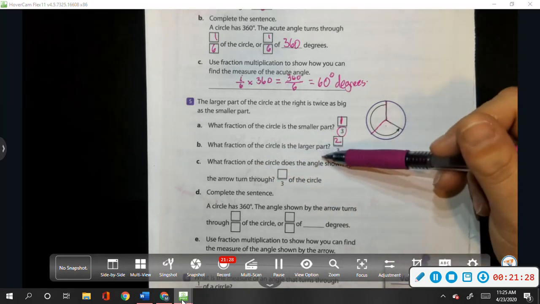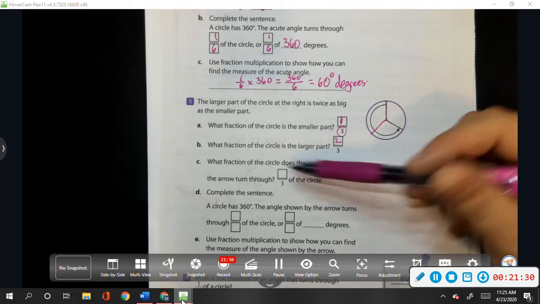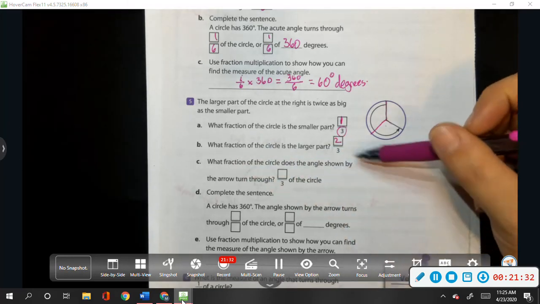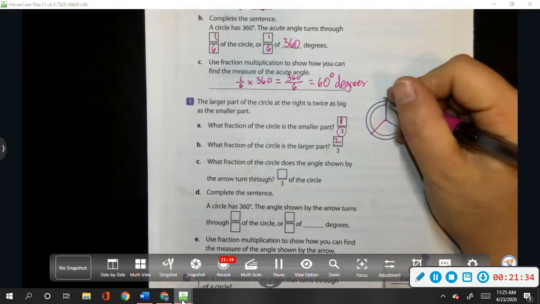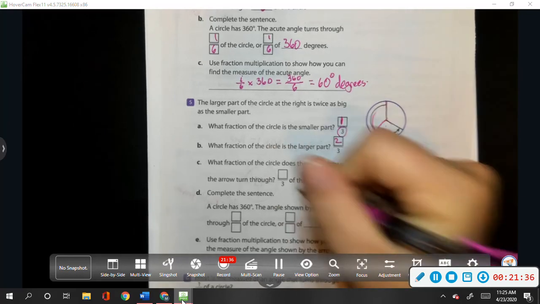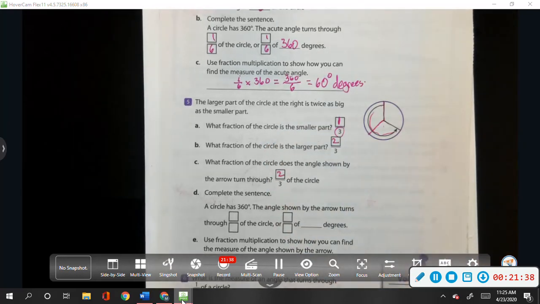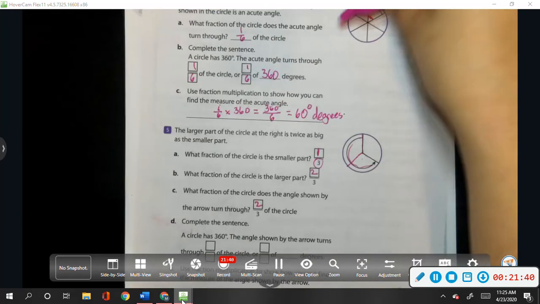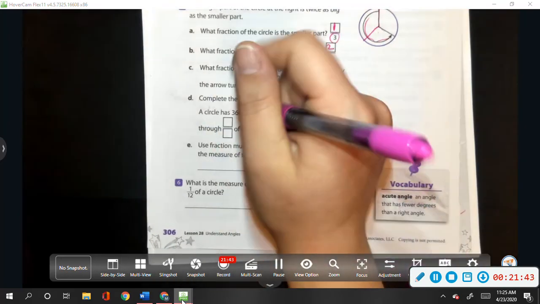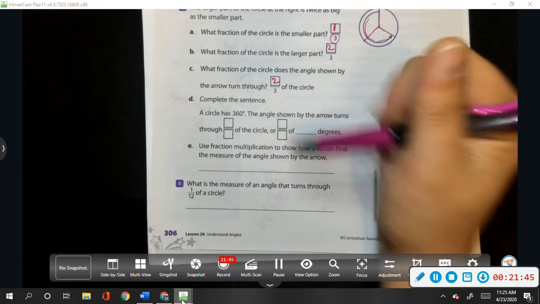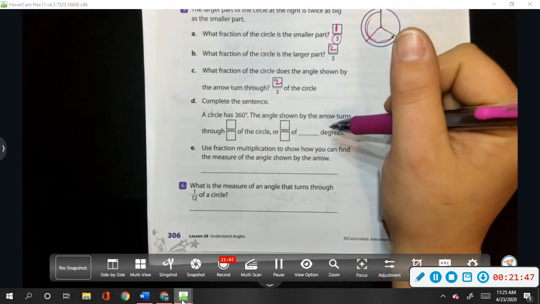What fraction of the circle does the angle shown by the arrow turn through? Well, that covers 2/3 of my circle. And then we're going to keep going and use that same thought process we did for number 4. A circle has 360 degrees.